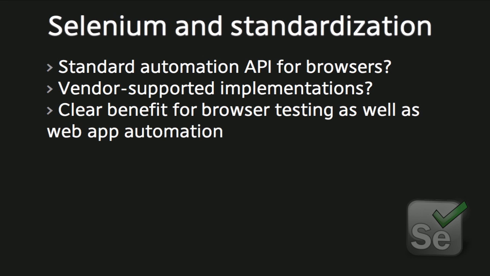What if we could make Selenium a standardized automation API native to the browser? This offers very interesting thoughts, especially if we can get vendors to actually provide the implementations of Selenium or the method for communicating with Selenium themselves. And this is exactly what we're doing at Opera.